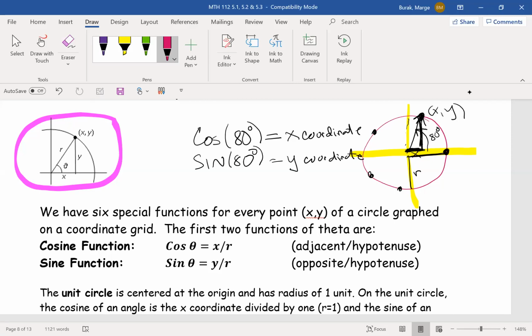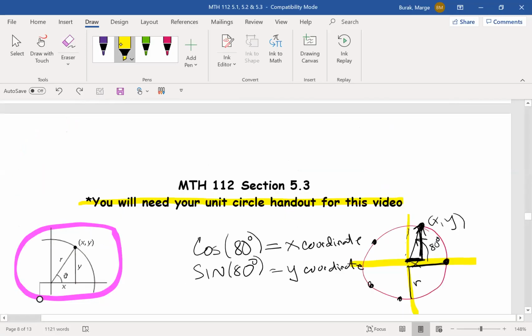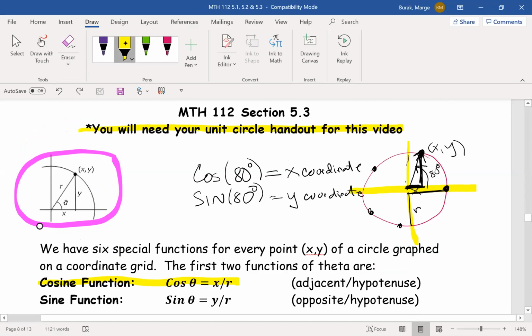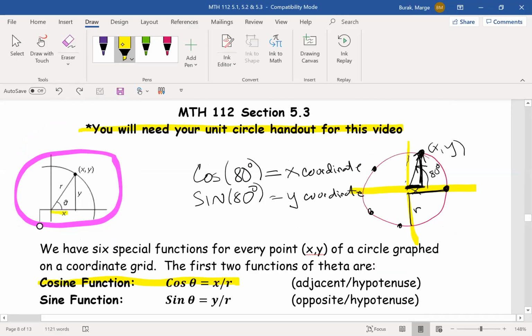So that is this definition right here. The cosine is the x divided by the radius. If you look at this picture, it's the x coordinate divided by this radius, and that value is the output.